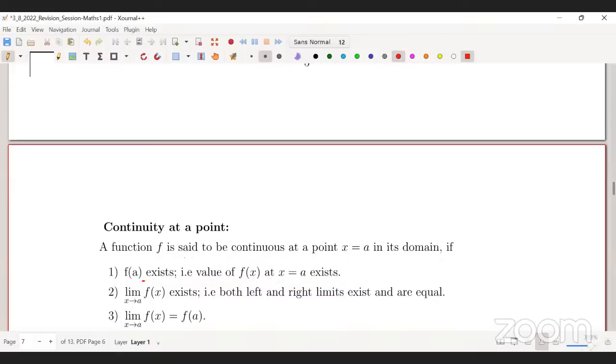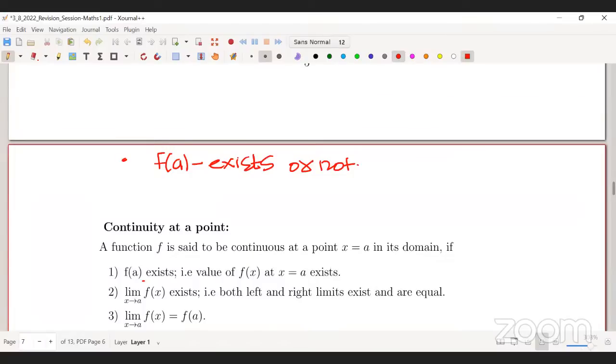First you check whether the value of the function at that point exists or not. If the value of the function doesn't exist, then you can say that this function is not continuous at that point.